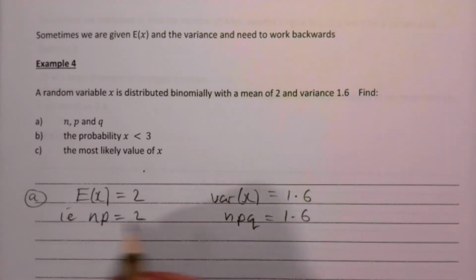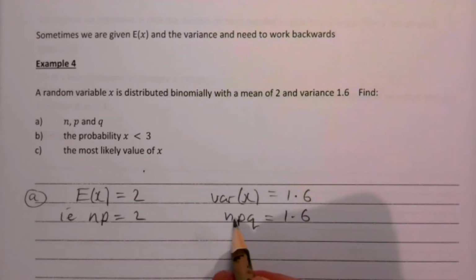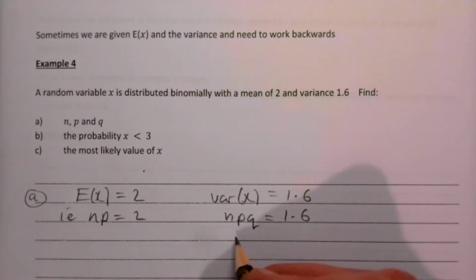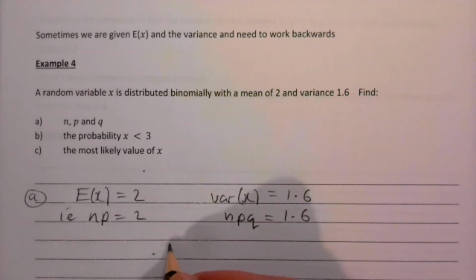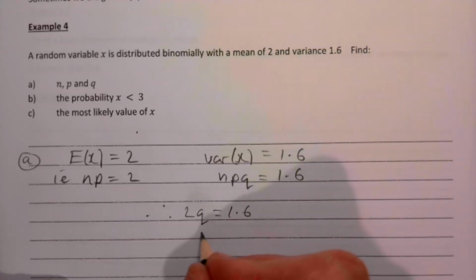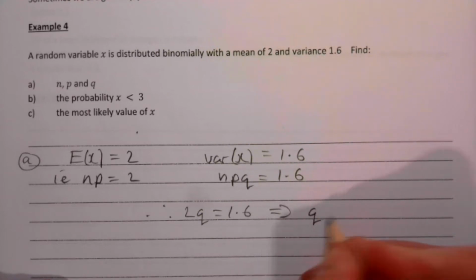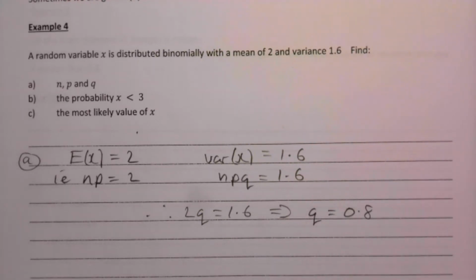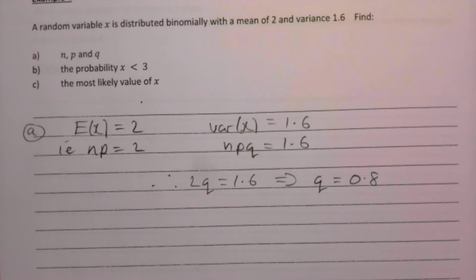If I know np is 2, that means if I exchange my np here for a 2, I know then, therefore 2q is 1.6, and that gives q is 0.8. So we're up and running.